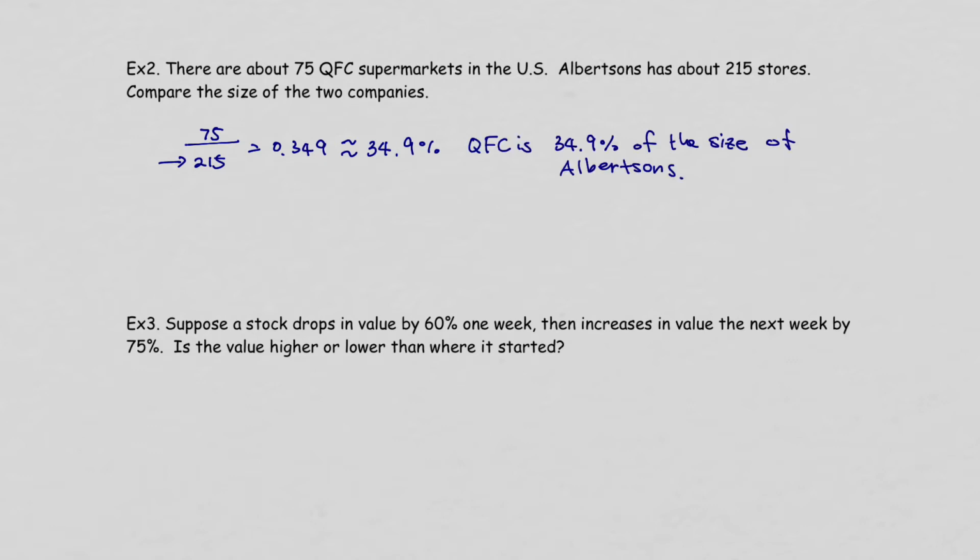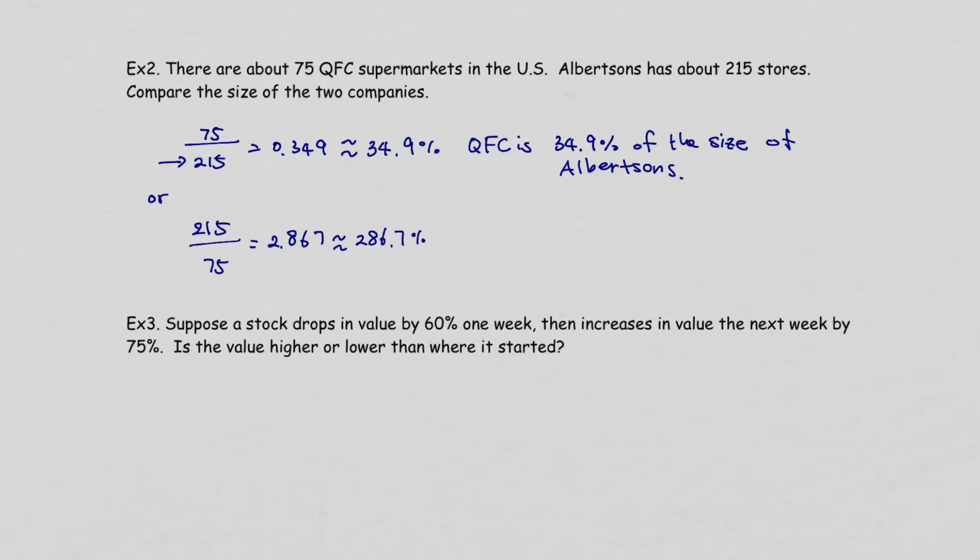And if you wanted to compare the Albertsons store size with QFC, you write it the other way around. So it'll be 215 divided by 75. This gives you 2.867, so about 286.7%.